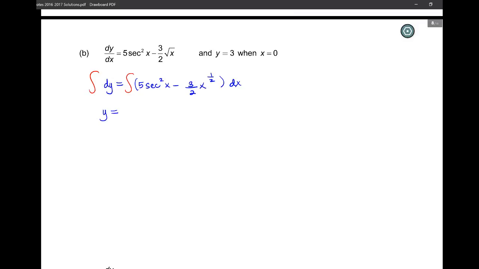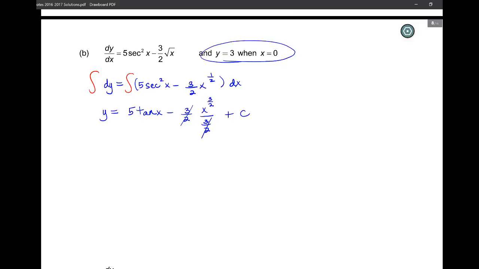So here we have y equals 5 is just a coefficient. Antiderivative for secant squared is tangent. Okay, now x to the 1/2 becomes x to the 3/2 over 3/2 plus c, and we'll notice those will cancel out.